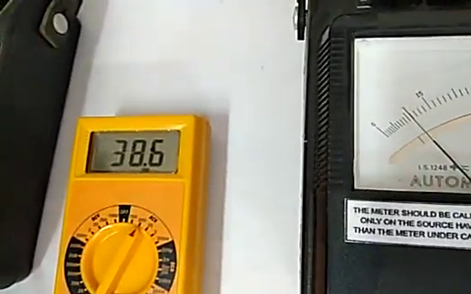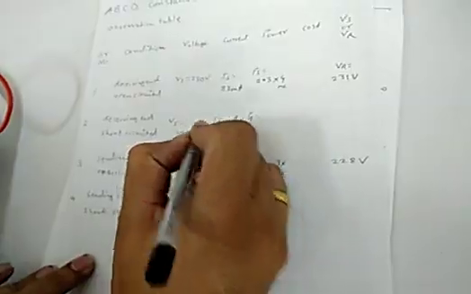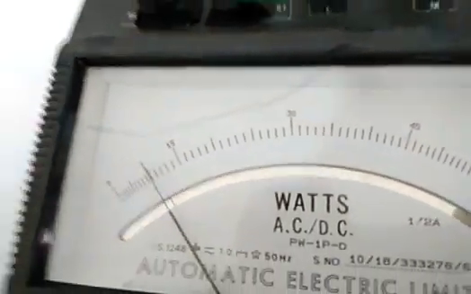Yes, 38.6 volts. Okay. So the second reading we are taking. It is 38.6 volts. Current is 1 ampere, and if you see the power, the wattmeter is showing me 10 watts. Right? So power is 10 watts multiplied by the multiplying factor.